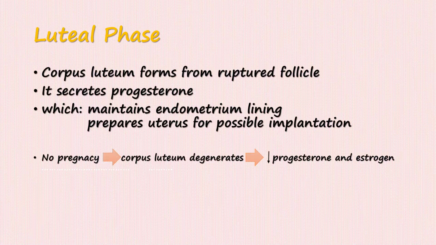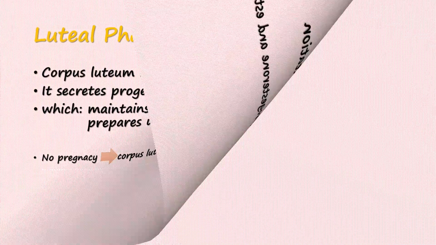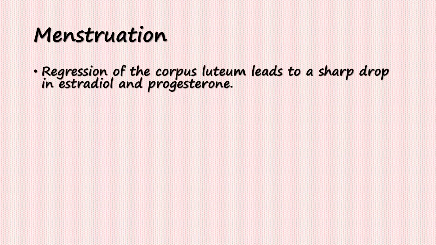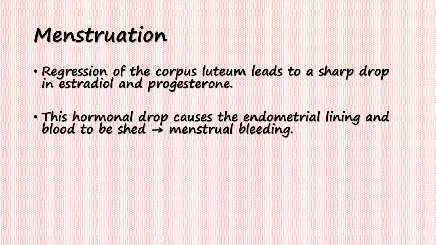If there is no pregnancy, the corpus luteum degenerates and it results in low levels of progesterone and estrogen. Now we're moving on to menstruation. Regression of the corpus luteum leads to a sharp drop in estradiol and progesterone.